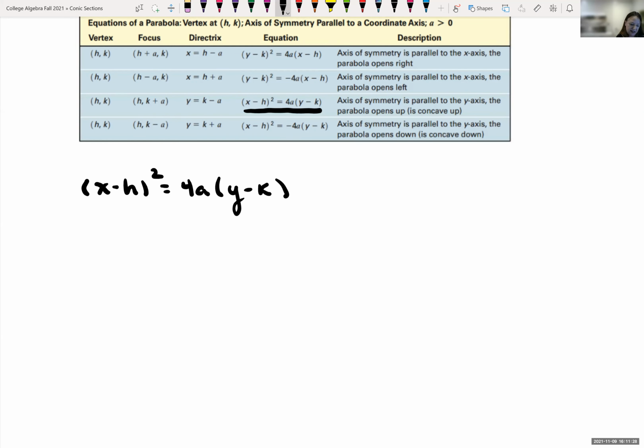So that means that the parabola opens up. So it's looking like this. And so we know that the vertex here, just like before when we had it in vertex form, this vertex is (h, k).